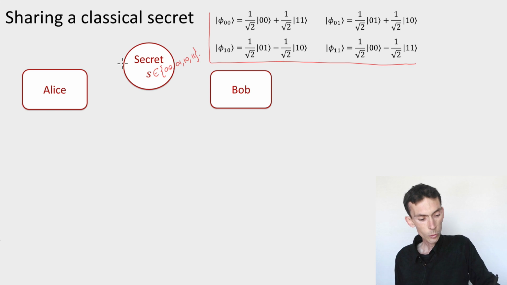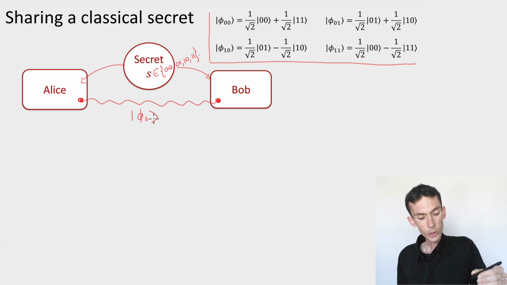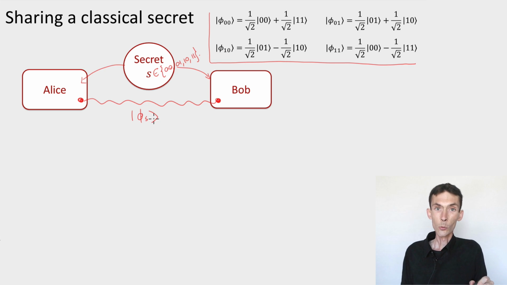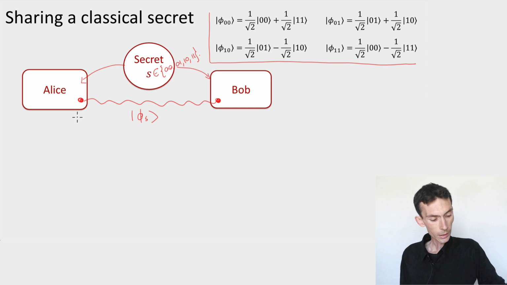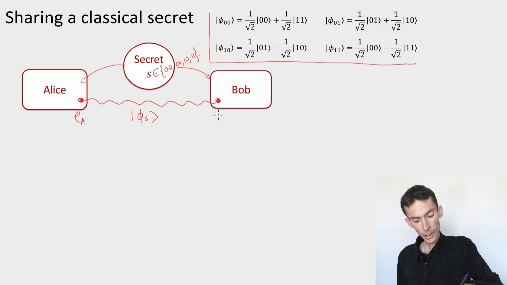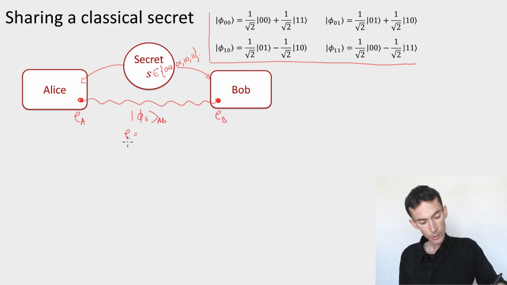So let me distribute the secret as a quantum state, phi S, that will be shared between Alice and Bob. And the properties that I want are exactly the same as before. Given their share of the state, Alice only has access to Rho A, Bob to Rho B, where Rho is the density matrix corresponding to my pure state phi S, so it's a rank 1 density matrix.